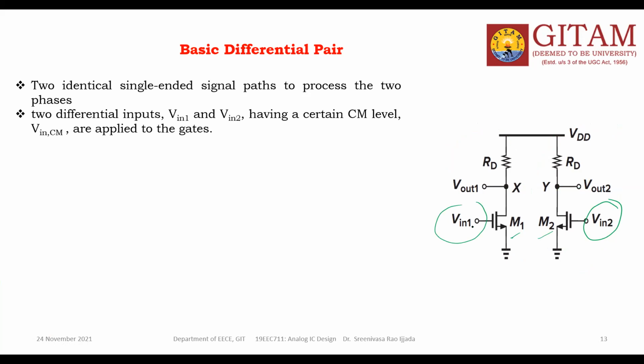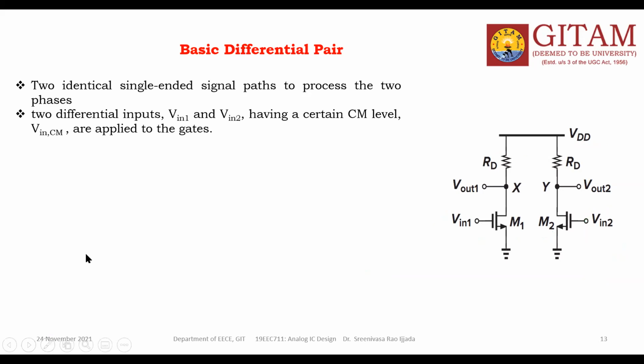Vin1 may be like this, and Vin2 may be like this. Both are the same. Whenever both devices are the same, ID1 and ID2 are the same. If they are asymmetric, meaning not symmetrical, you won't get this condition in any region of operation.